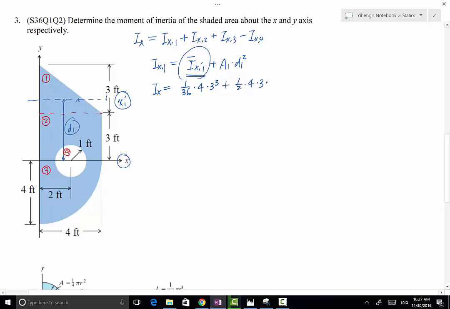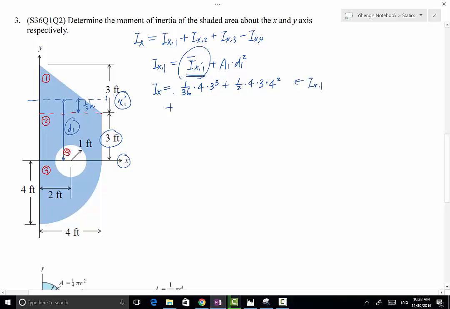Remember from the previous image, this is 1/3 of the height, which is 1 foot, plus another 3 feet to the x-axis. So overall, that will be 4 feet raised to the second power. So this part right here is our Ix1.